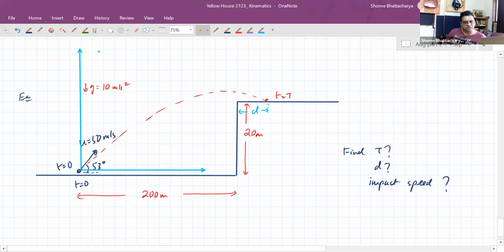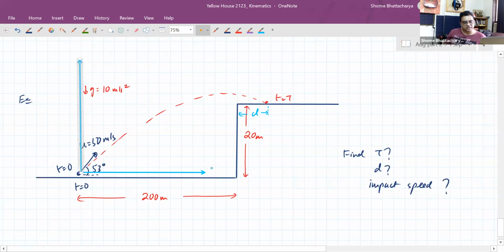If you take this as the y-axis and this as the x-axis, then at any time t, x is going to be 30t, and y is going to be 40t minus 5t square. Just verify equations 1 and 2, all of you first.